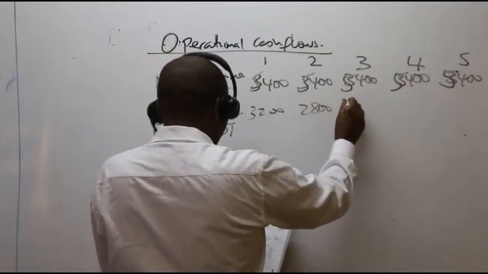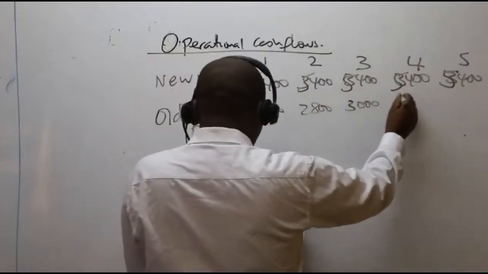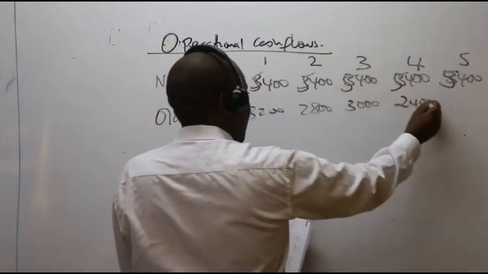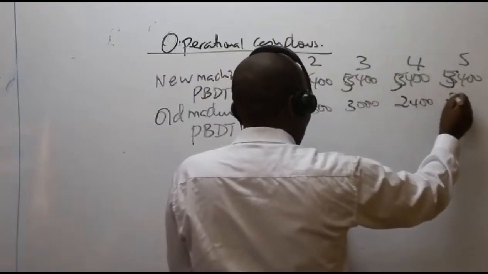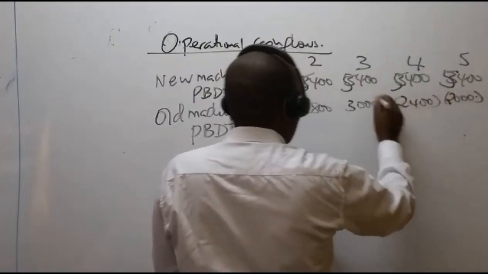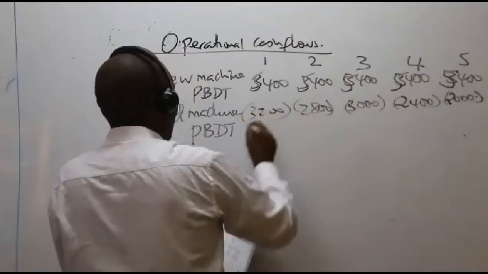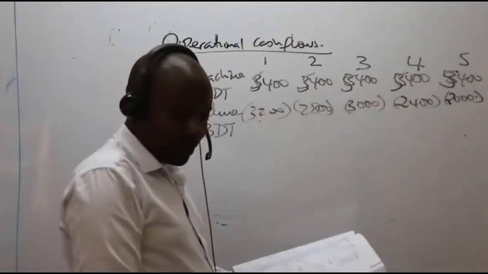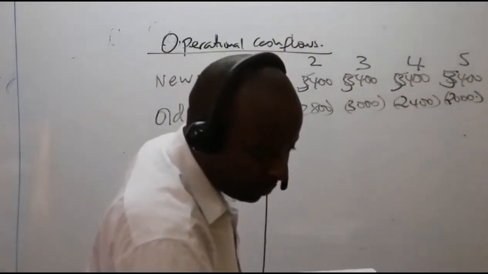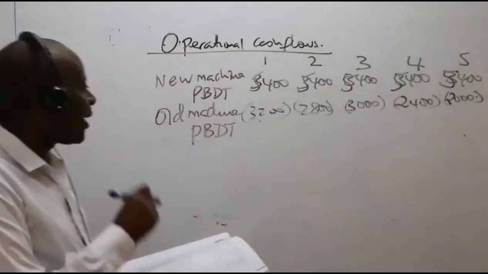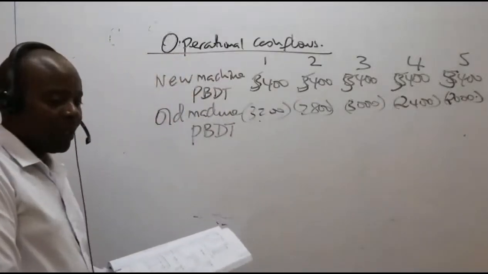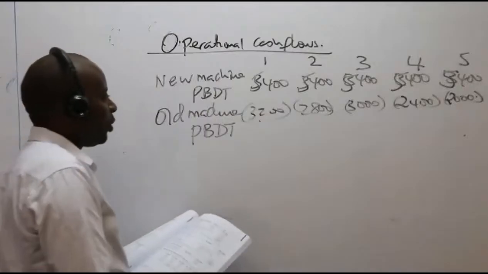The other one is 3,000. We have 2,400. We have 2,000. So please subtract for you to get that incremental PBDT.